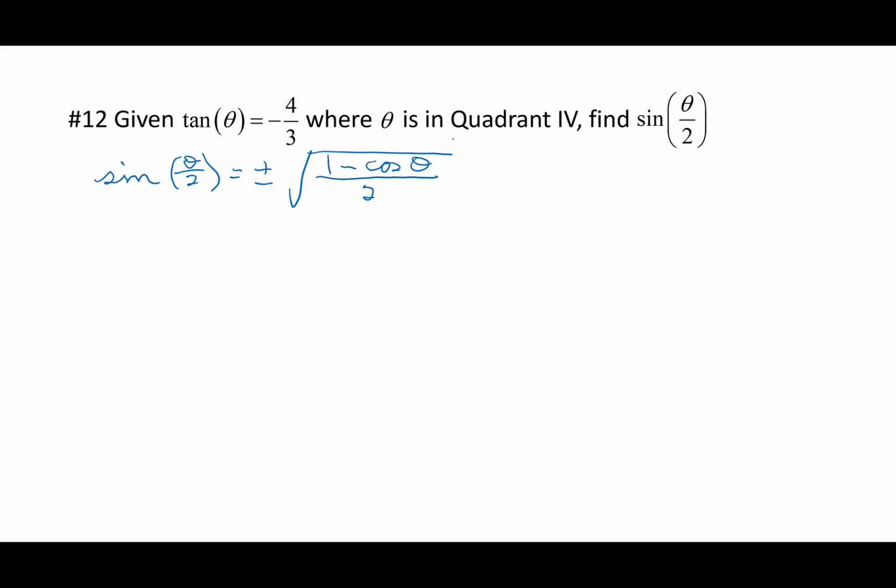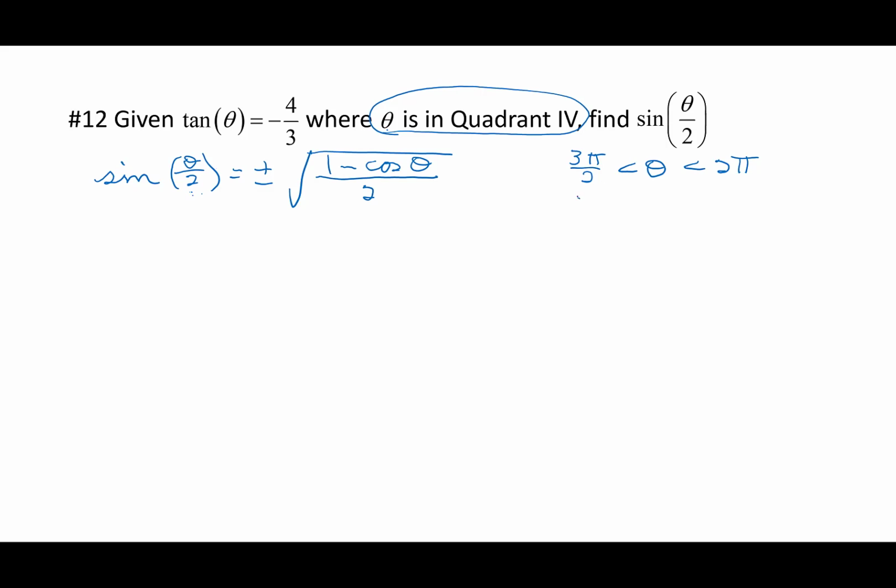Okay, so whether we use plus or minus, we're told that theta is in quadrant 4. Theta being in quadrant 4 tells me that 3 pi halves is less than theta is less than 2 pi. But I'm not finding the sine of theta. I'm finding the sine of theta over 2. I need to figure out where theta over 2 is.